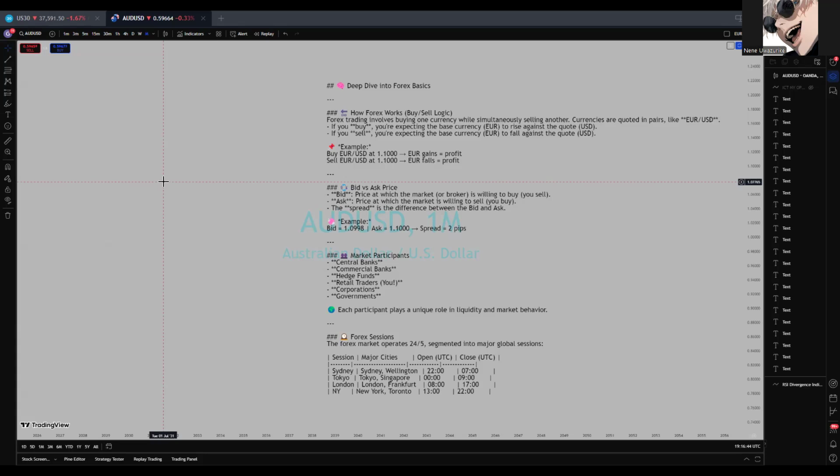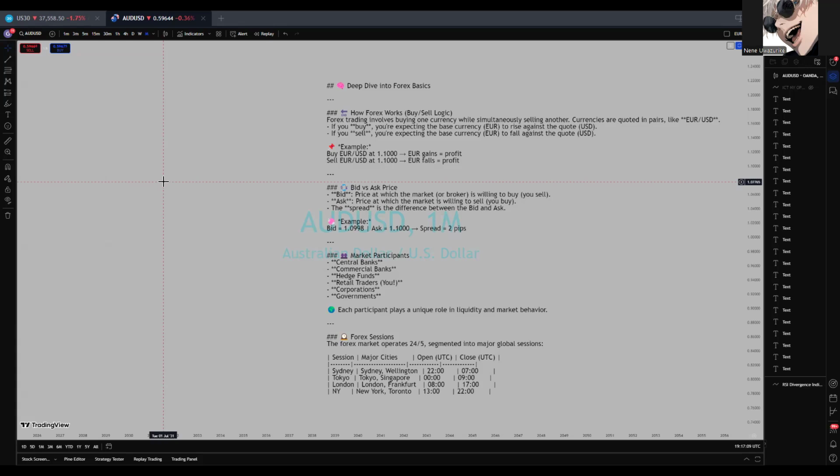When you buy the base currency and you are right, you make money. When you sell the base currency and you are right, you make money. But if you buy the base currency and you are wrong, you lose money. If you sell the base currency and you are wrong, then you lose money. So first is basically believing that one currency will be stronger than the other one. It's just like a tug of war.